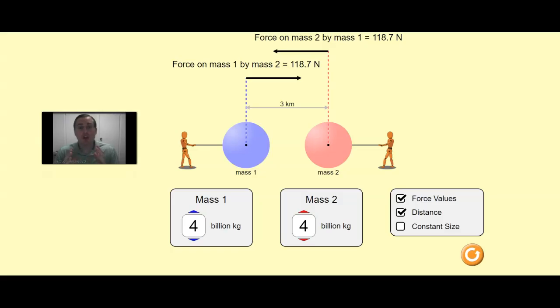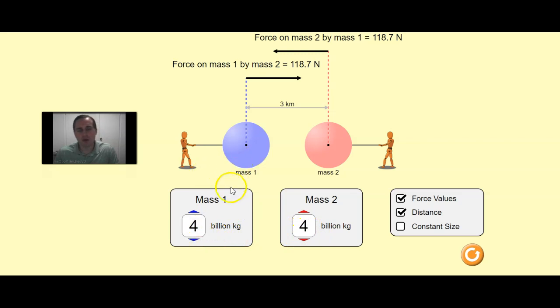So now what I'm showing here is an additional example where we can be a little more quantitative. So imagine we have 2 masses that are each the same mass, and we can control their mass, and we can control the distance they are away from one another. Now notice, these masses are quite large.